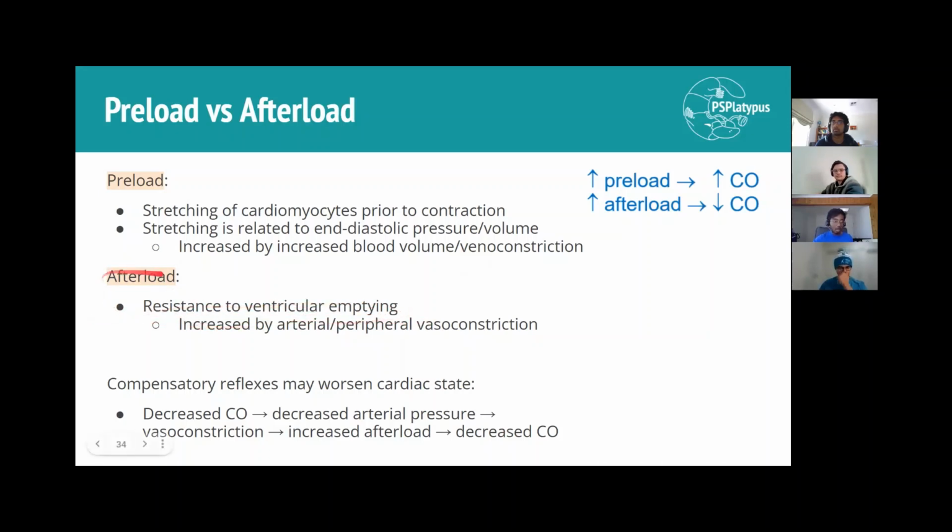It is basically the pressure that you have against the ventricular emptying. This happens, for example, in peripheral or arterial vasoconstriction. If the peripheral arteries are constricted, then you're going to have more pressure against outflow. So as you can probably tell, if you increase preload, your cardiac output would increase. But if you increase afterload, your cardiac output would decrease.